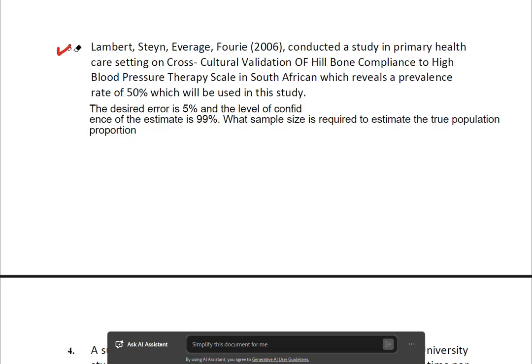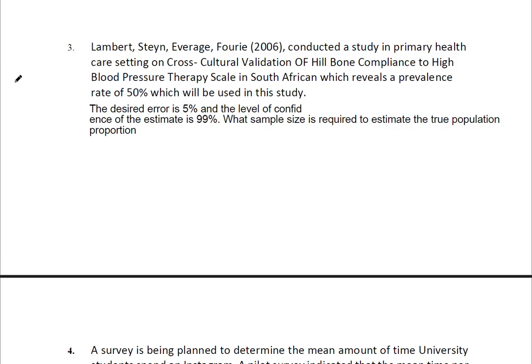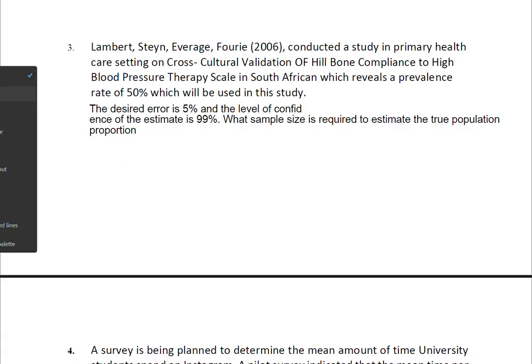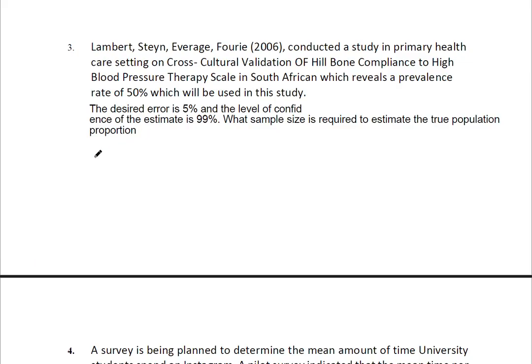Okay, so in order to compute the sample size here, what we need is to recognize that this is a confidence interval for proportions. So we need to calculate the required sample size for proportions that will guarantee a maximum tolerable error of 5% and a level of confidence of 99%.